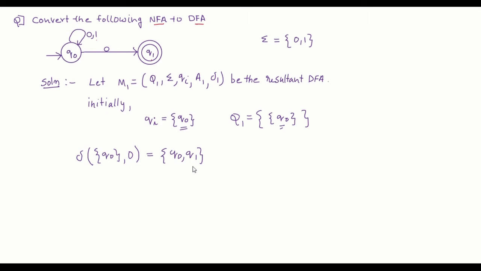Which means one of the states of the resultant DFA will be Q0 Q1. Now you have to see, is Q0 Q1 a new state which is already not present in Q1? Q1 only contains Q0 so far. So since this is a new state not already present in Q1, we have to add Q0 Q1 to Q1 using the union operation.